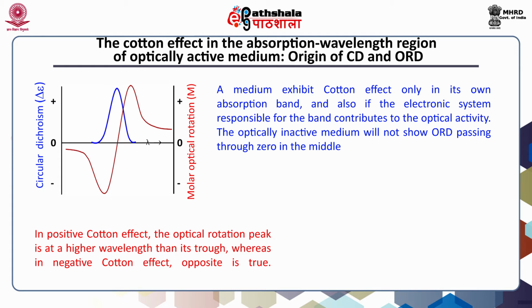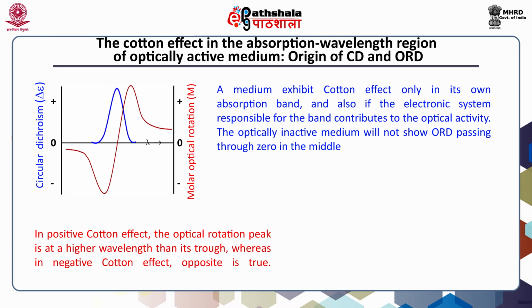If you see this panel, when we decrease the wavelength, we go from right side to left side. That is the decrease in wavelength. The curve shown in red is increasing. So if such a phenomenon takes place, then we call it the positive Cotton effect.